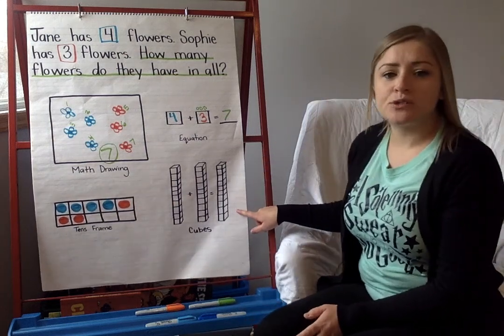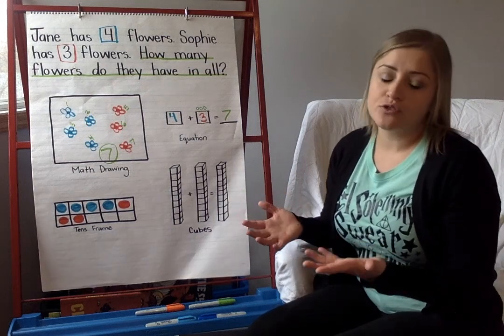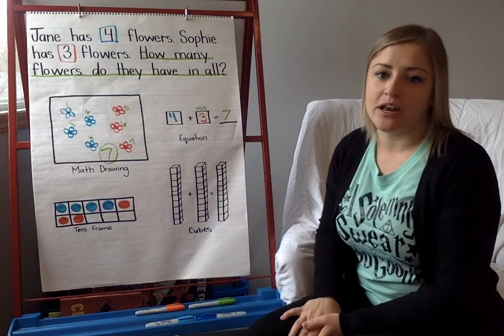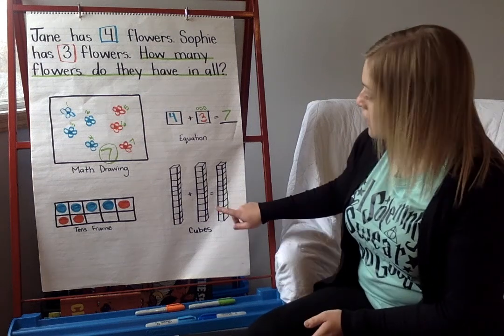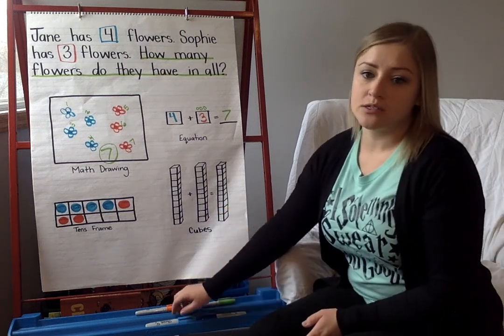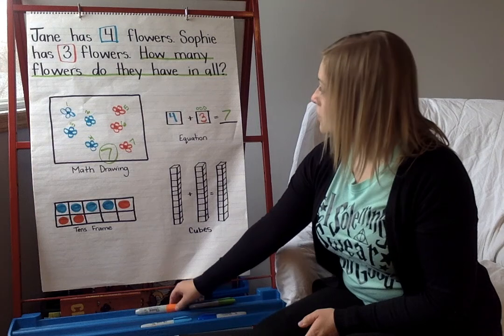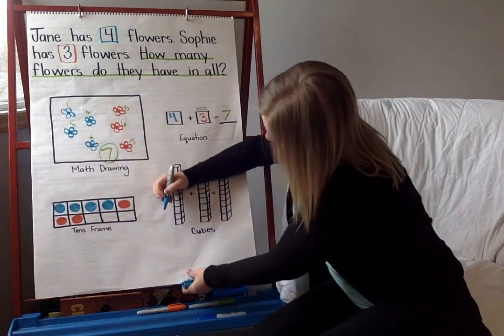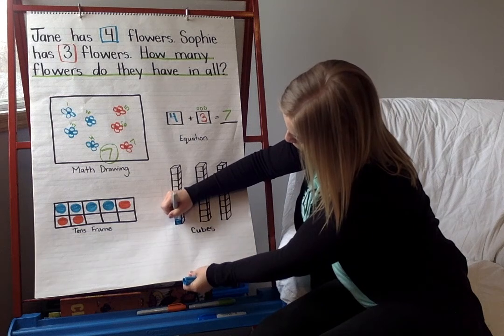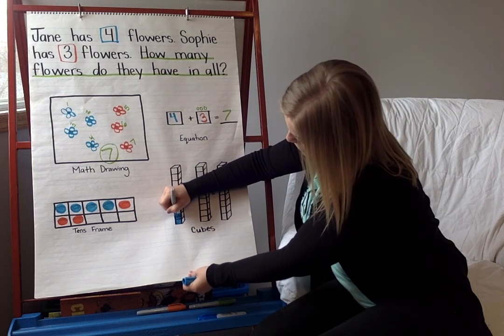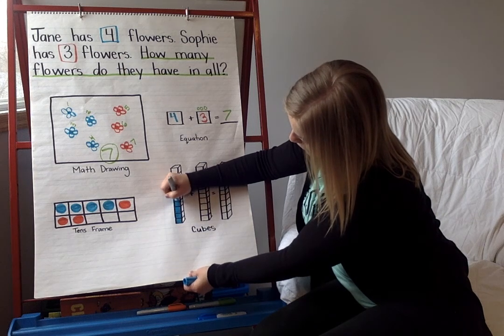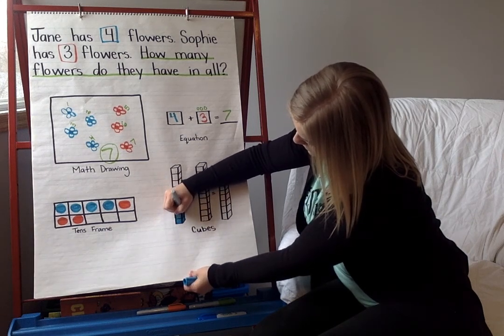Then we have cubes. So usually when we're in school and we have cubes, we have our little math blocks that we can stick together so we can help solve our math problems. Here, we're just going to use our markers to color it in. So I have to first grab my blue one for Jane, and we have to color in 4. 1, 2, 3, 4. Got to color in the sides too.